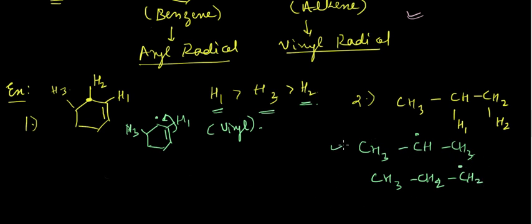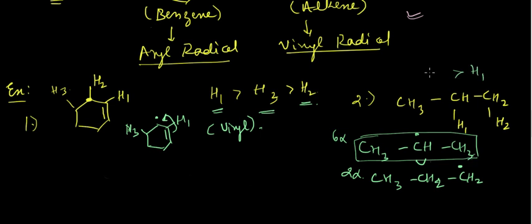So obviously this is more stable. Why? Because of 6 alpha hydrogens, and in this case it is less stable because it has only how many? 2 alpha hydrogens. So obviously this is more stable, hence its bond energy would be lesser. Hence H1 bond energy should be lesser than H2 bond energy.